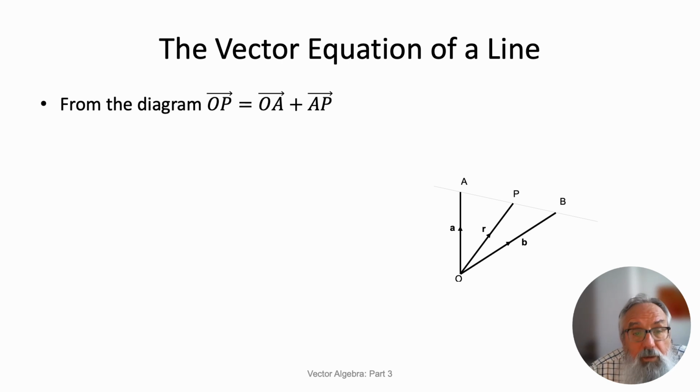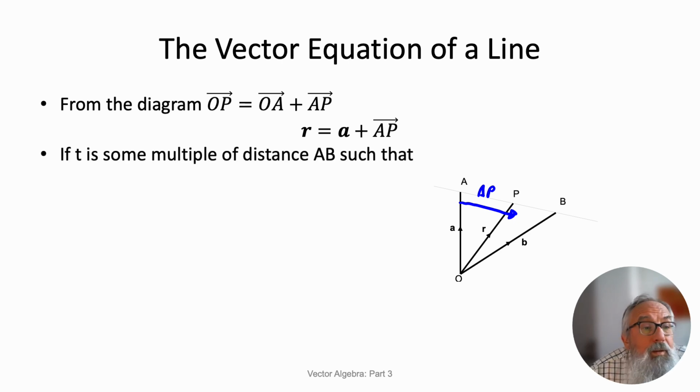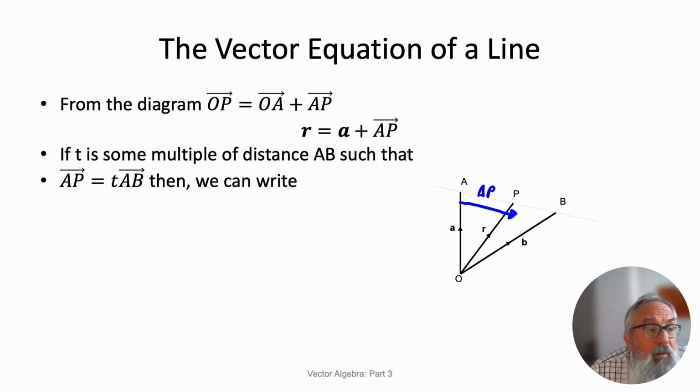We haven't defined AP, but we can write that in terms of our defined vectors A, R and A. And then we can say if T is some multiple of the distance A to B, so AP equals T AB, then we can write R equals A plus T AB.